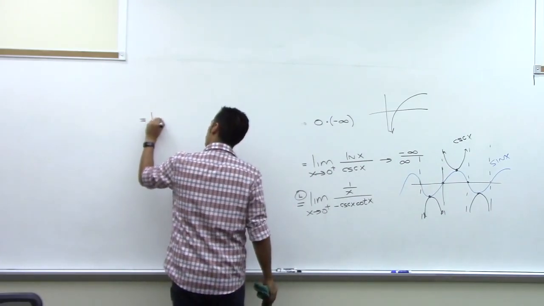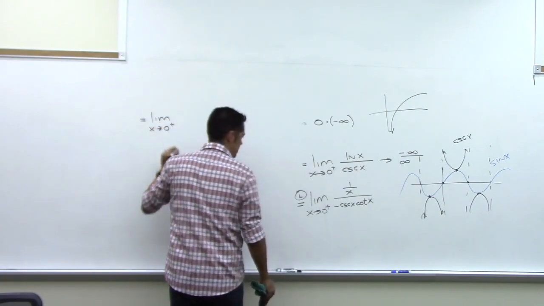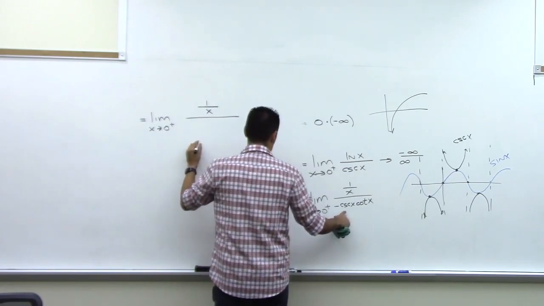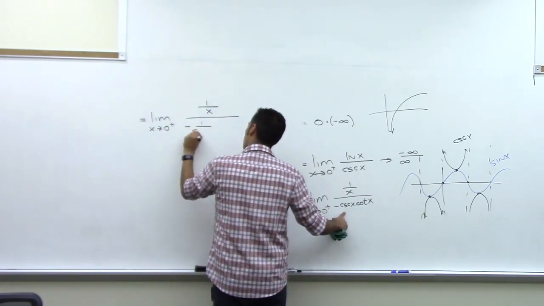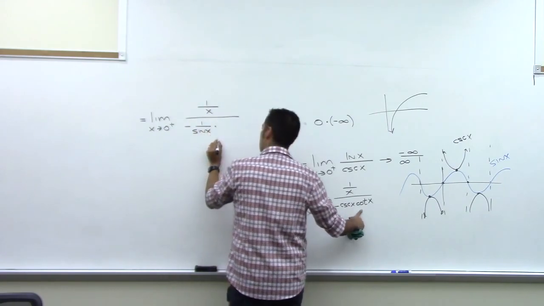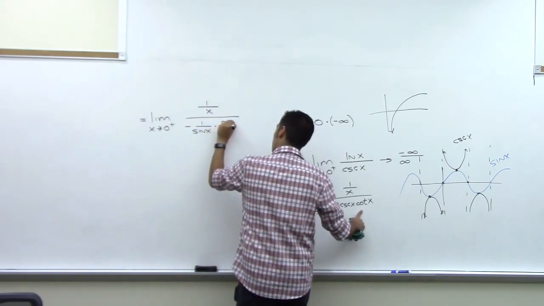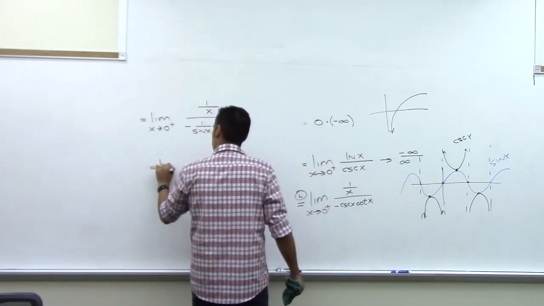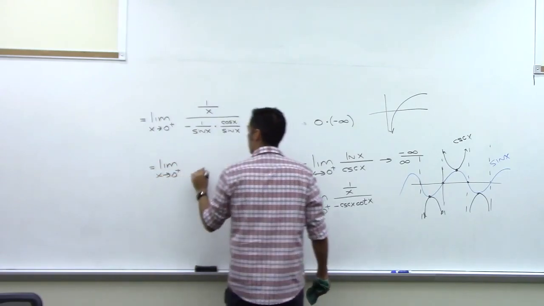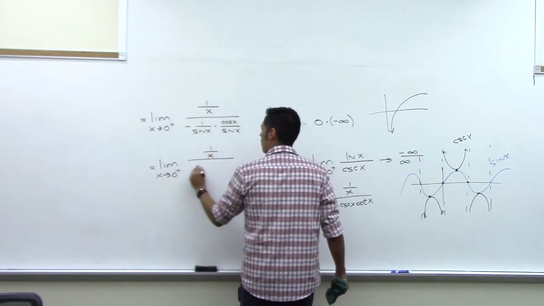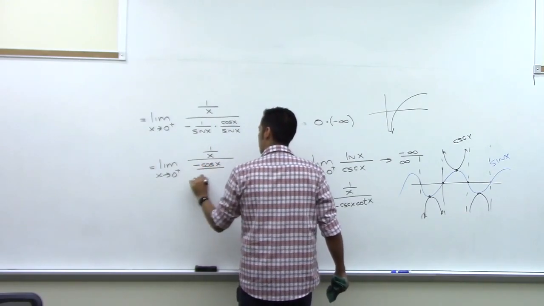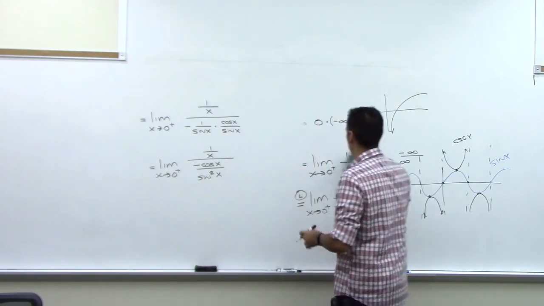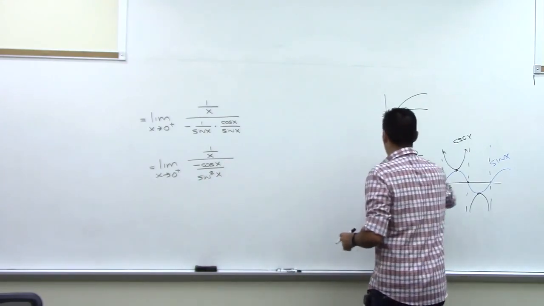I have the limit as x goes to 0 from the right of 1 over x, over negative, okay, cosecant is 1 over sine x times cotangent, which is cosine x over sine x. All I'm doing is rewriting, not doing any L'Hopital right now. 1 over x over negative cosine x over sine squared x. What I did is create a fraction over a fraction so I could flip it and do the reciprocal, all that stuff.